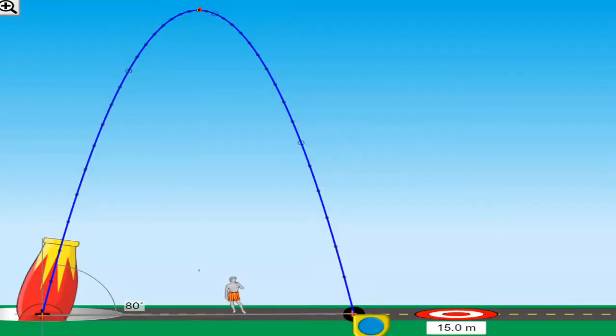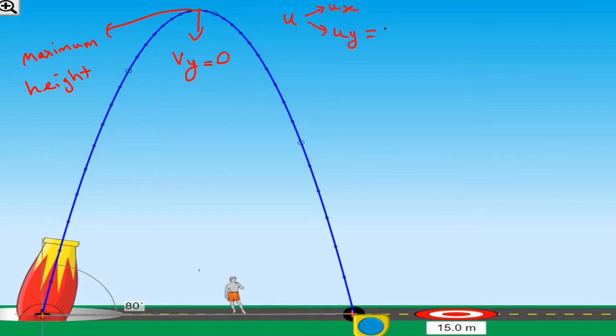We do calculations to see if we can get the same results. As you know, at this point that we name the maximum height, our Vy is equal to 0. And we know we have initial velocity u that has two components, ux and uy.